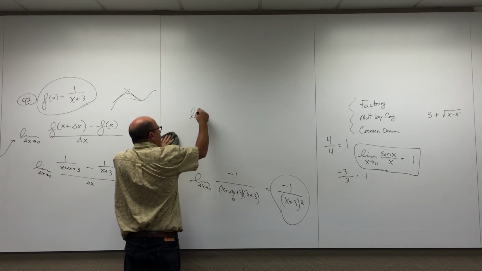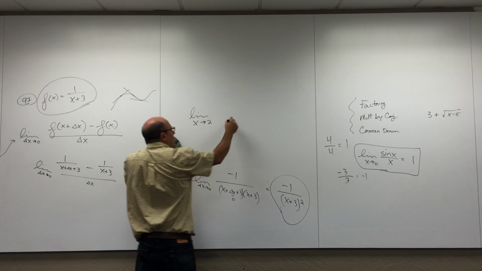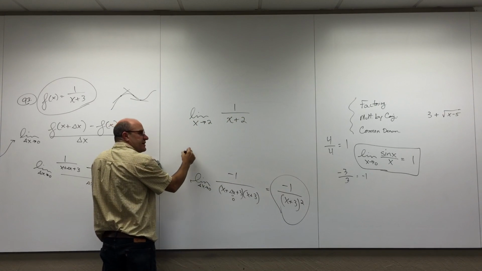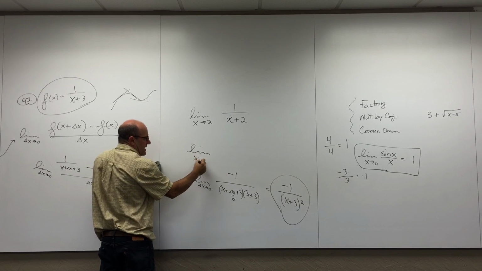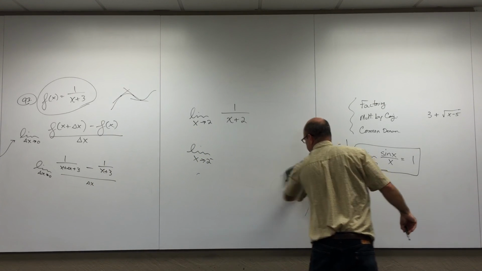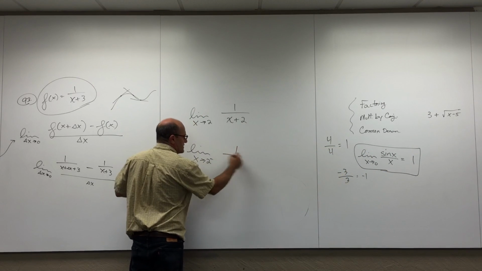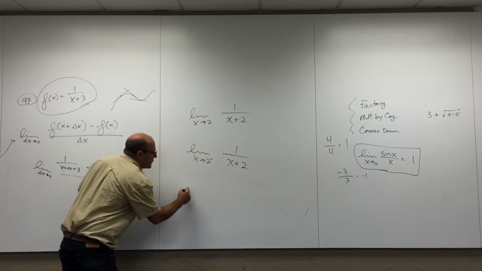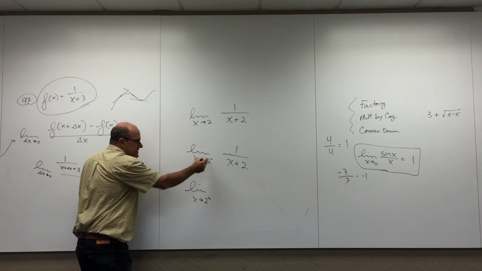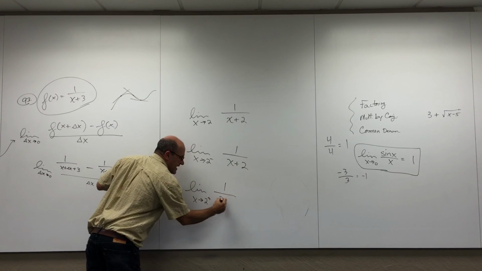The limit as x approaches 2 of 1 over x plus 2. Now look, that's one question. Here's a different question. The limit as x approaches 2 from the left of the same function. And then here's the third question. The limit as x approaches 2 from the right. That's what these little notations mean, of this same function.